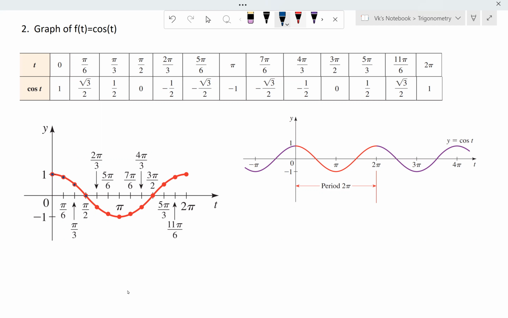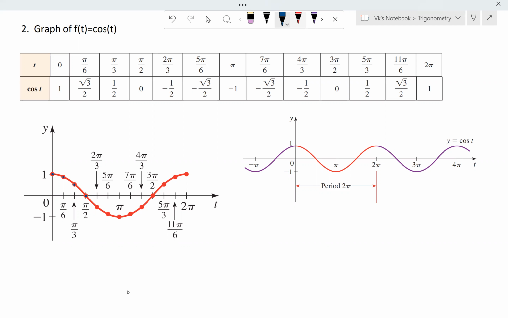So if we plot a list of points and connect them by a smooth curve, then what we have is the graph of cosine from 0 to 2 pi, or one period. Of course, we can extend the graph to many periods.